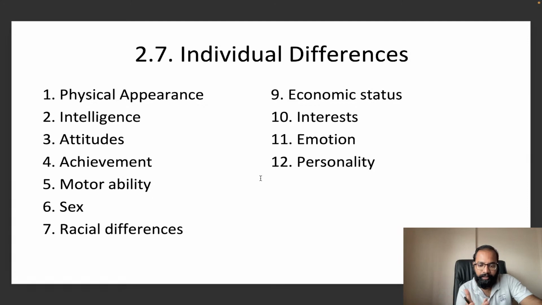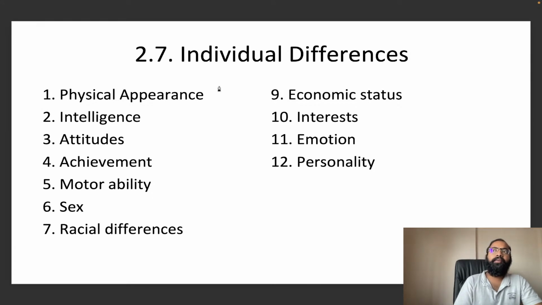Out of 100 students, we can't say that 20 students have the same characteristics. Each student has different learner characteristics. One student might have high maturity, one student might have low maturity, right?